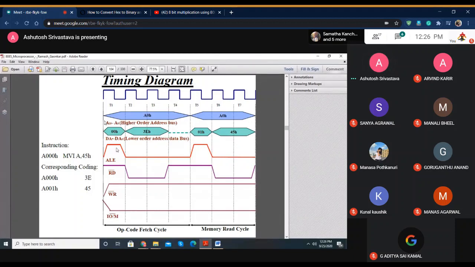So here, if you see the corresponding value for your MVI A would be coming in this.